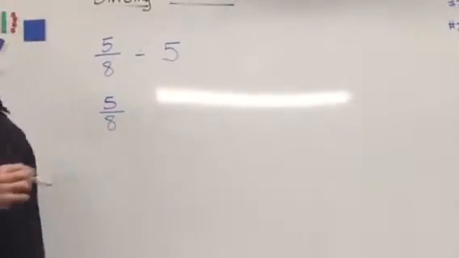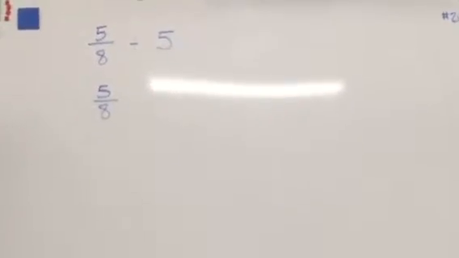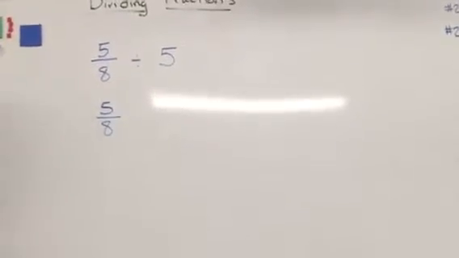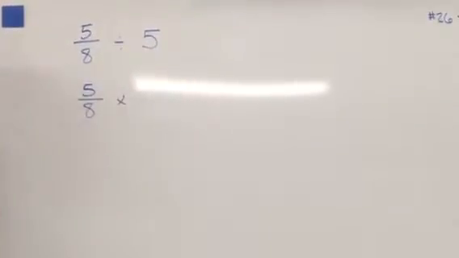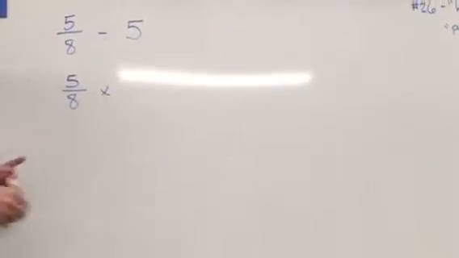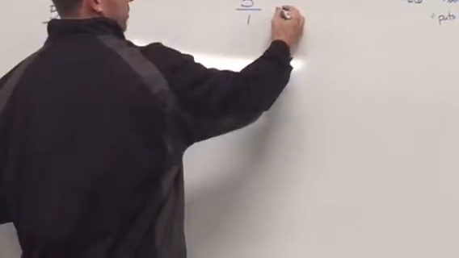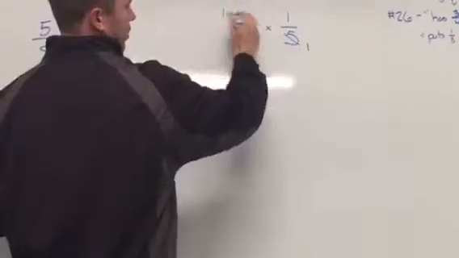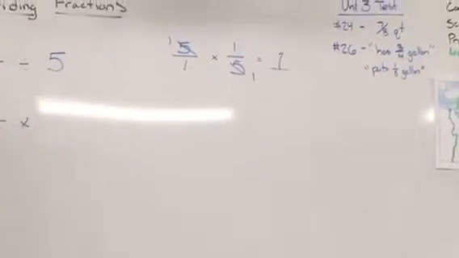Something to remember: you never, ever flip the first fraction. You flip what's after the multiplication or the division sign. So I changed division to multiplication. What's the reciprocal of 5? How would you write 5 as a fraction? 5/1. So what's its reciprocal? 1/5. Yes. How do I know they're reciprocals? Because if I multiply them, they equal 1. So I would put 1/5.